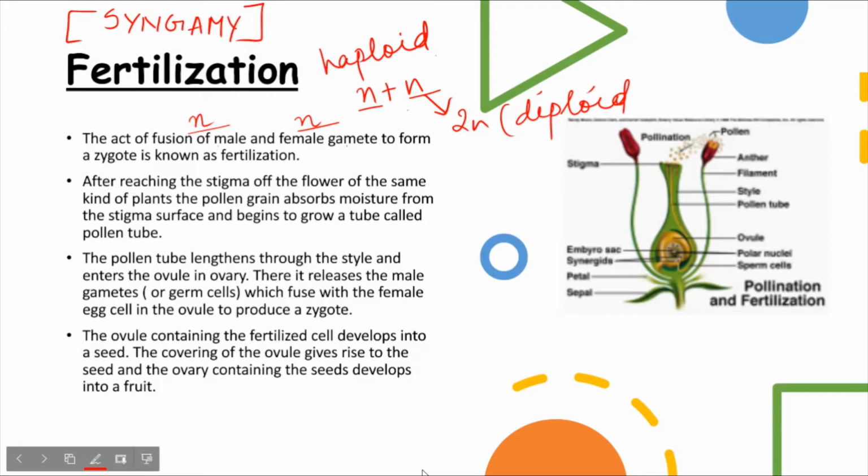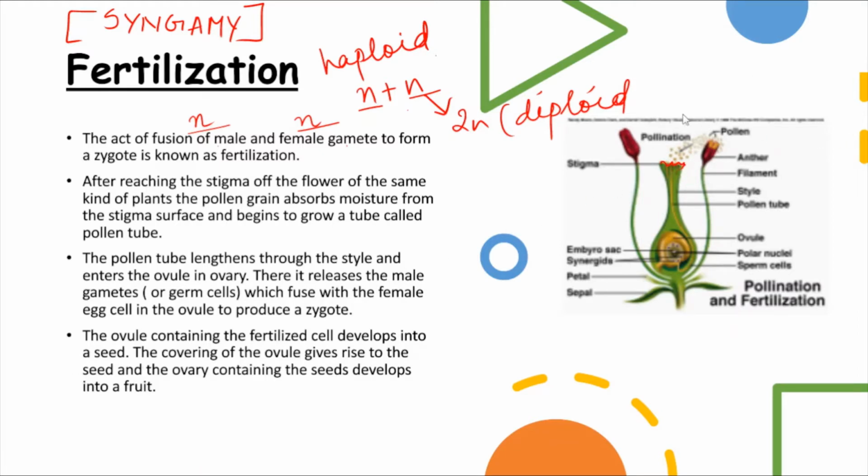Now, what actually happens just before fertilization is pollination, but in between pollination and fertilization there is something very important. Children, as soon as the pollen grain lands on the surface of the stigma, it starts absorbing water.